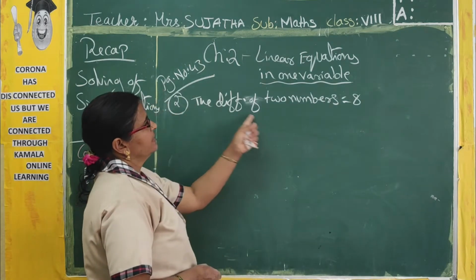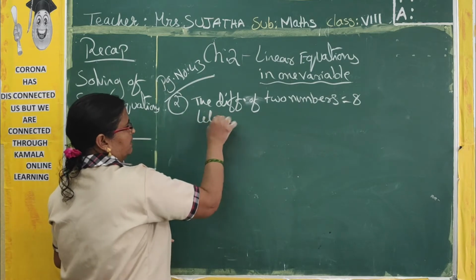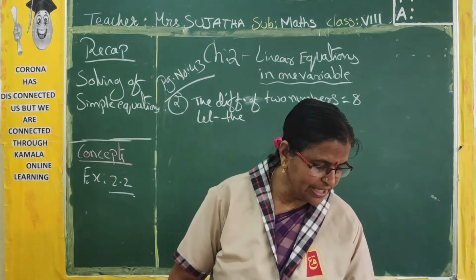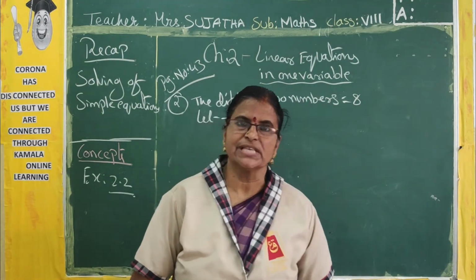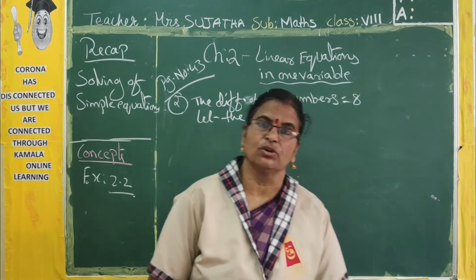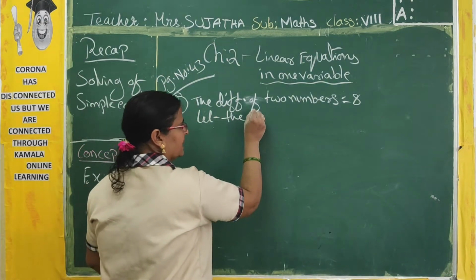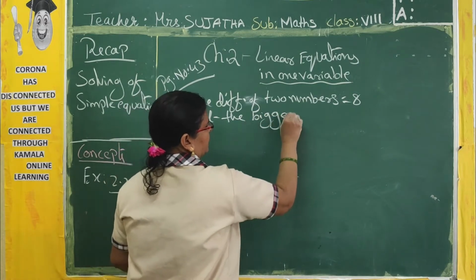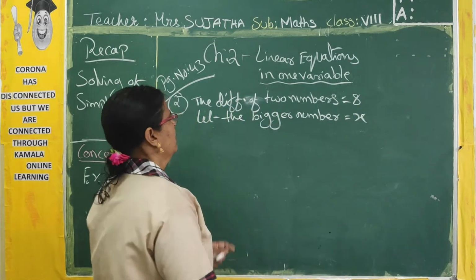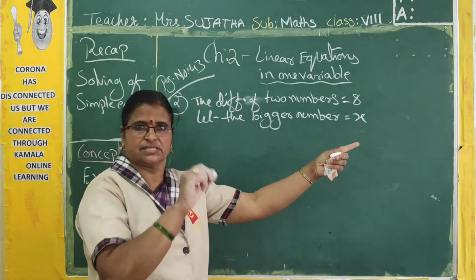So, now what we can take is the bigger number. Why am I taking the bigger number? Because here, see the question, if 2 is added to the bigger number, the result will be 3 times the smaller number. That's why. Okay. Now, let the bigger number be x. Now, the difference of two numbers is 8, and the bigger number is x.